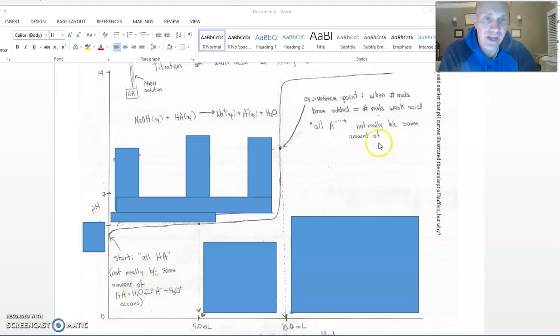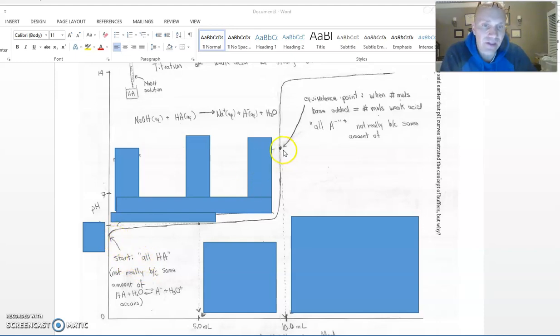So the reaction that you can write in here is that A minus could react with H2O to give OH minus plus HA. That's why it's not exactly true, but we're going to simplify this a little bit and just say that at the start you essentially have all HA.